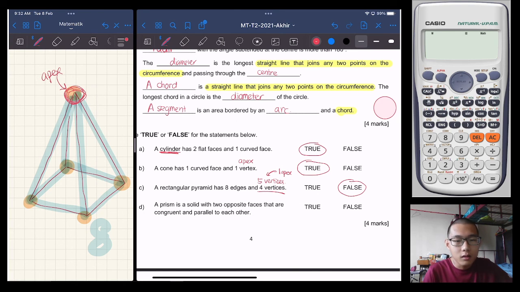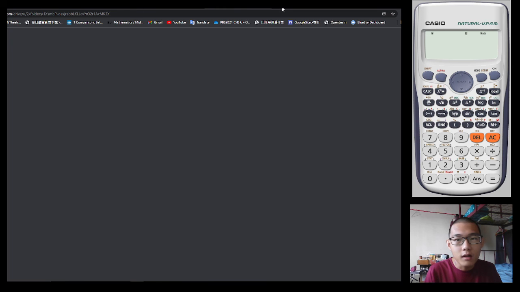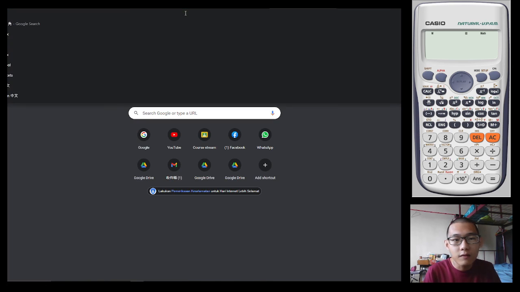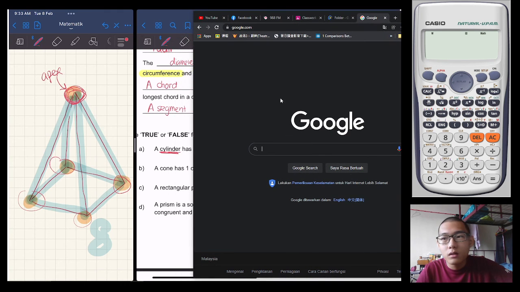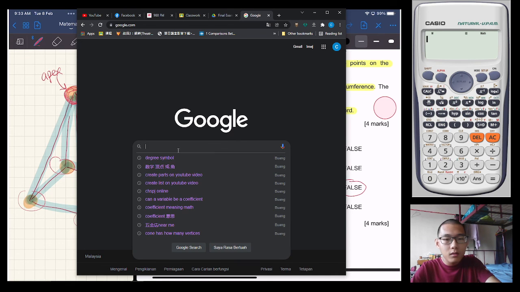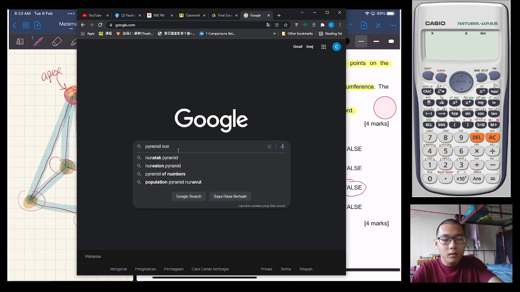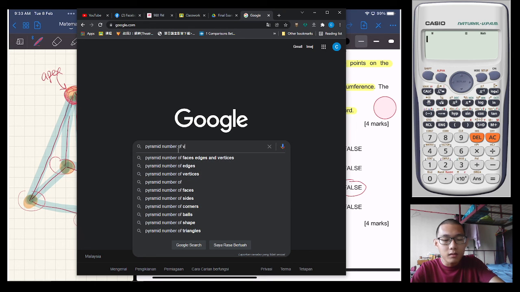So some students come and argue, saying it says 4 vertices based on this one only, and it didn't say apex. Apex is not vertices, they say. So let's see in Google. If we try to search, you search 8 edges, pyramid, number of vertices.